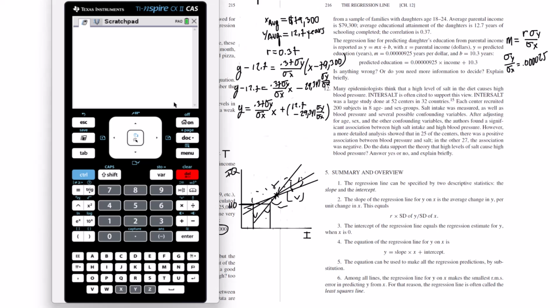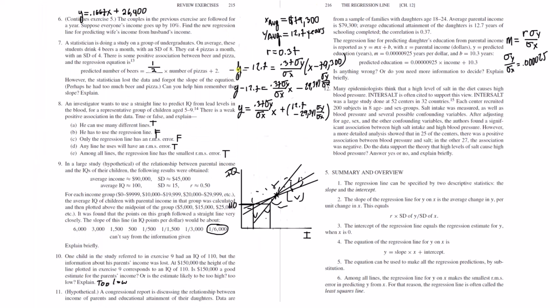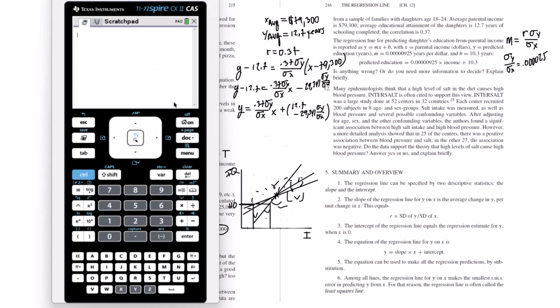So let's see. We've got y minus y1 is equal to m, 0.37 times sigma y over sigma x times x minus x1, then 0.37 sigma y over sigma x times x minus, and then 0.37 times 79,300, 29,341.